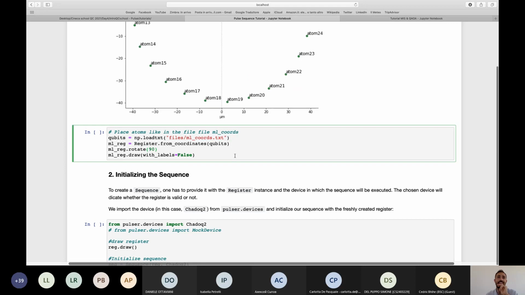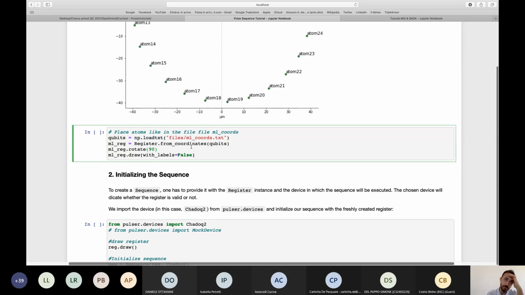Let's try this stupid thing. Write in the chat, what do you think is gonna be the next shape? If I run this code, what do you expect? Remember that this is called ML, and Pasqal is a French company.